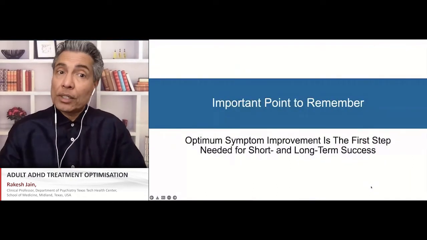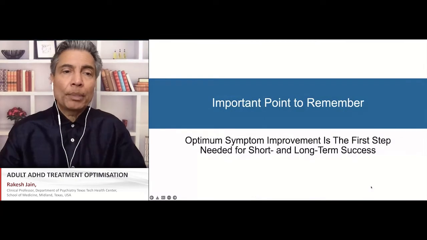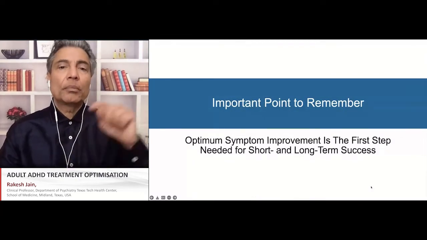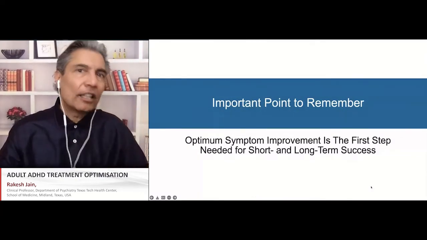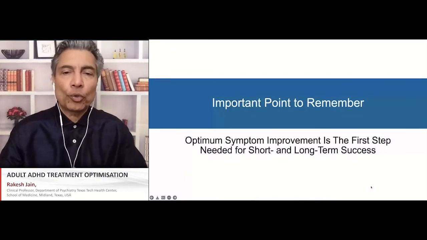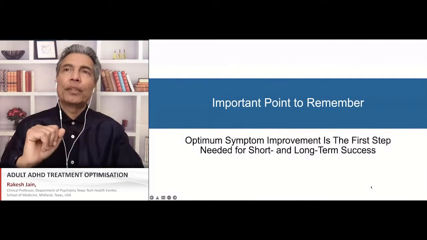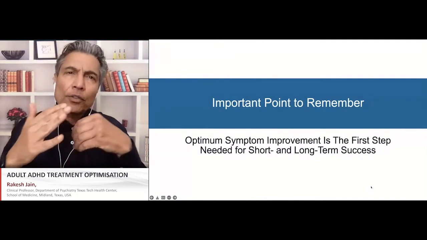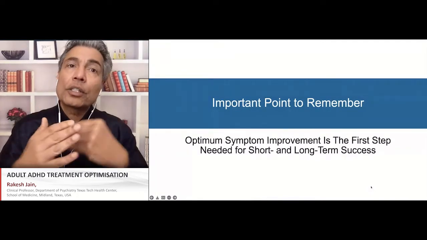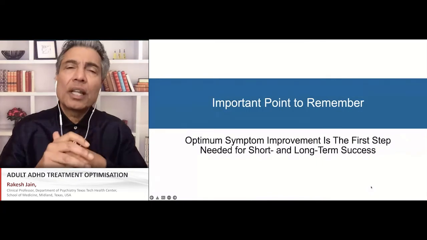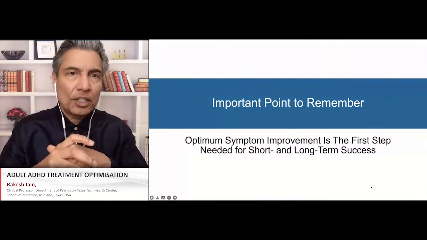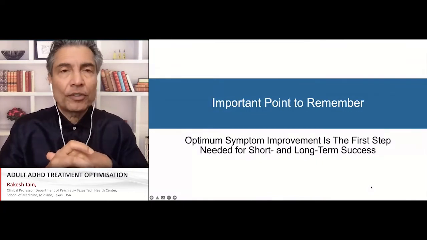So please note, important point to remember, optimum symptom reduction is indeed the first step needed for short and long-term success. And please, in your mind, if you could, kind of cement this, not some symptom reduction. It's not okay, not with ADHD, not with any disorder for that matter.